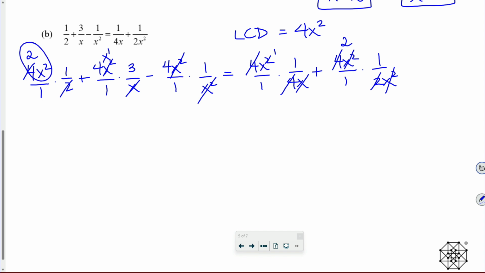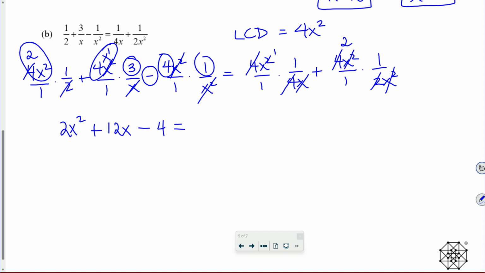Now I have to be careful. I've got 2 times x squared times 1. That's 2x squared. Here I have a 4x times 3, so that's going to be a 12x. And here I have a minus 4 times 1, so that's just 4. On the other side of the equation, all I've got left here is an x to the first plus 2.